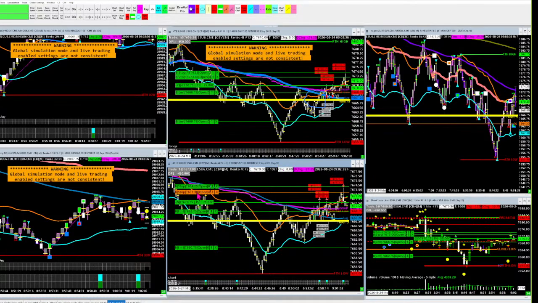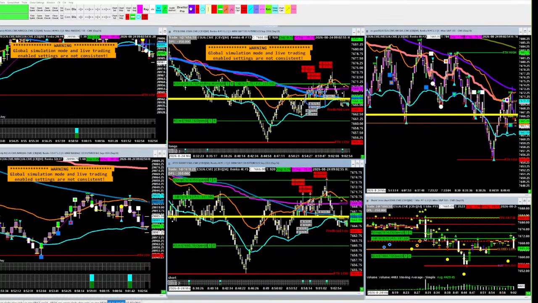I've got to do it on both of them. So I'm adding a point and a quarter worth of risk just because of the choppiness. Wow.